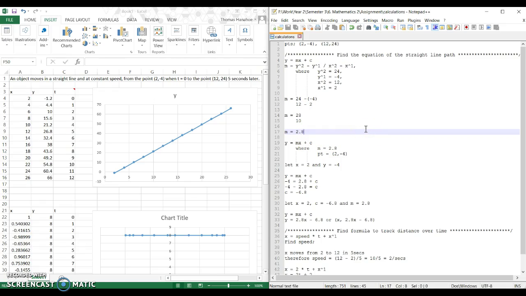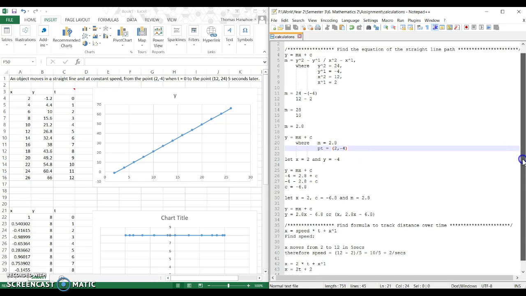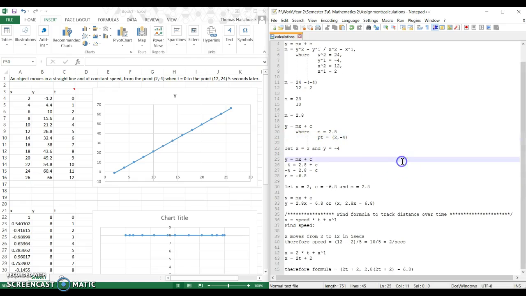Using the slope I was able to figure out I can now put this into the straight line formula using the point (2, -4). So using this point, I said I'd let x equal to 2 and y equal to -4, and then using this I was able to find c.